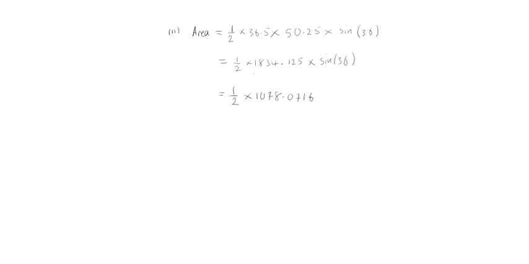Divide that answer by 2. That gives 539.04 meters squared when rounded off. So that is my area.